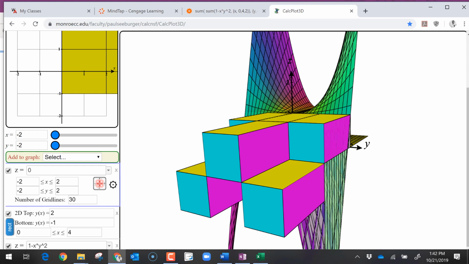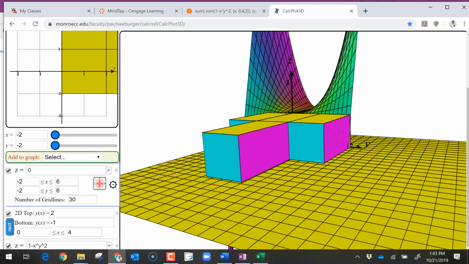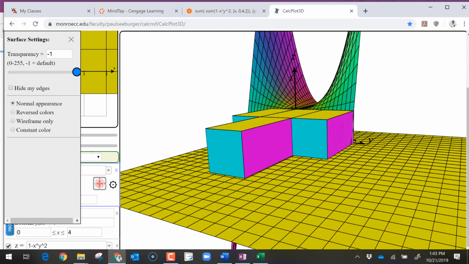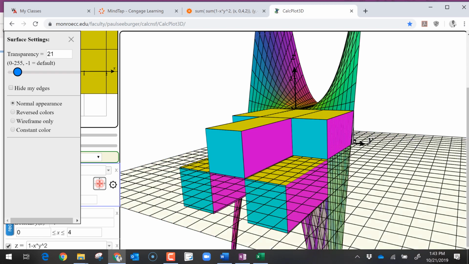Four. What goes all the way up to four? The X or the Y? X goes all the way up to four. Yeah, I can't see it though. -2 to positive. Let's go 6 also. So that's the XY plane, and just to let you know, it's possible to get those boxes below, right?